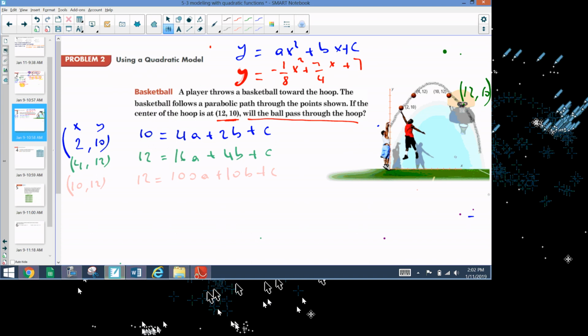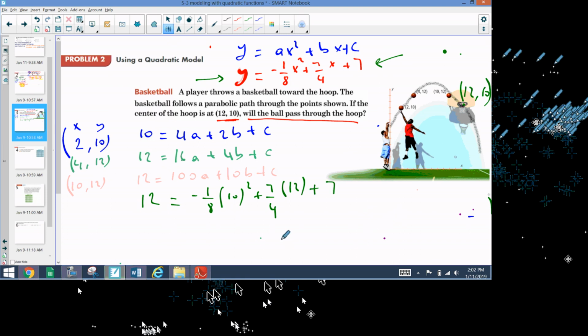So if 12 and 10 is on the graph, not a line, that means it's supposed to satisfy this equation. Okay, let's check. Y is 12. 12 is equal to negative 1 over 8 times 10 squared. You are typing this into your calculator, so I'm not going to do that here. Plus 7 over 4 times 12.